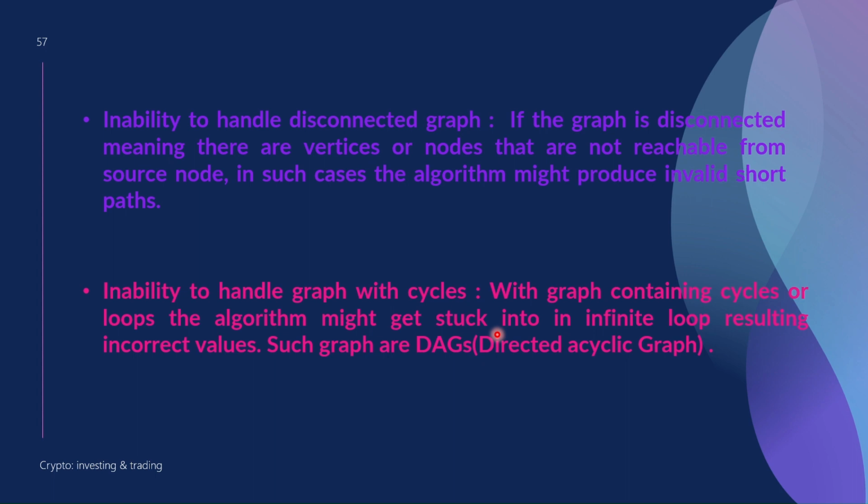Now the algorithm might get stuck in those four nodes which are connected cyclically because of the equal distances, or you can take any formation which results in equal weight of the edges, and the algorithm might generate an incorrect output or it might get stuck in the loop for infinity. Such graphs are called DAGs. This is written here, directed acyclic graph.